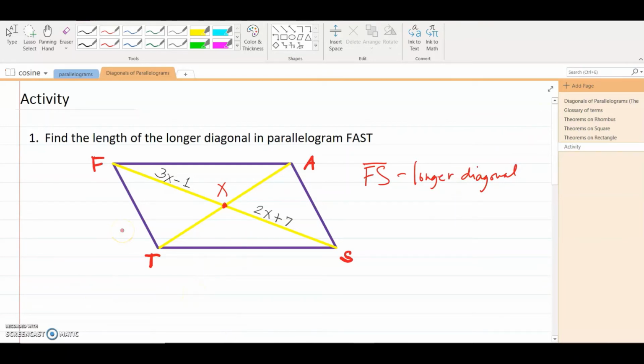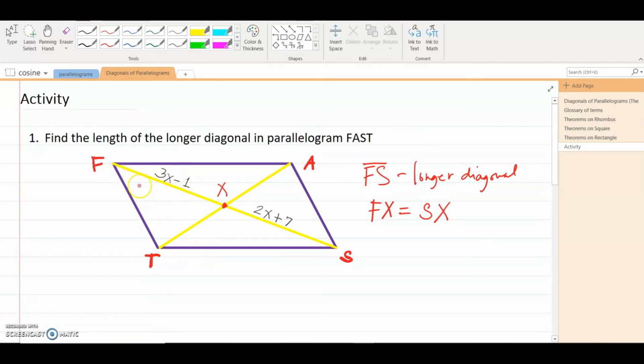Now we know that in a parallelogram, the diagonals bisect each other. So meaning, FX is equal to SX.